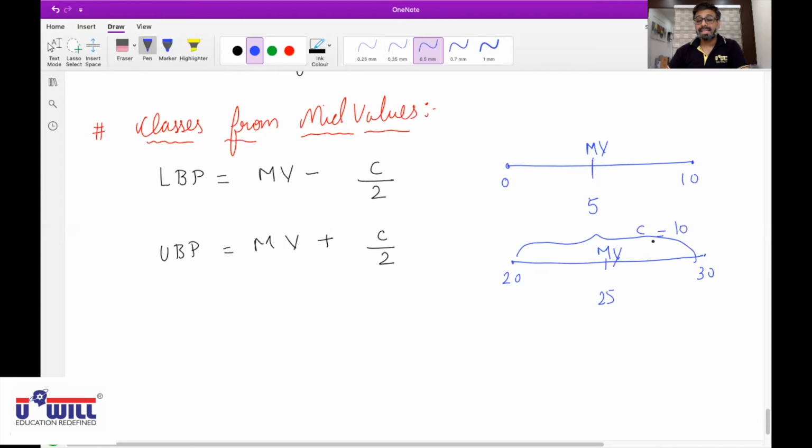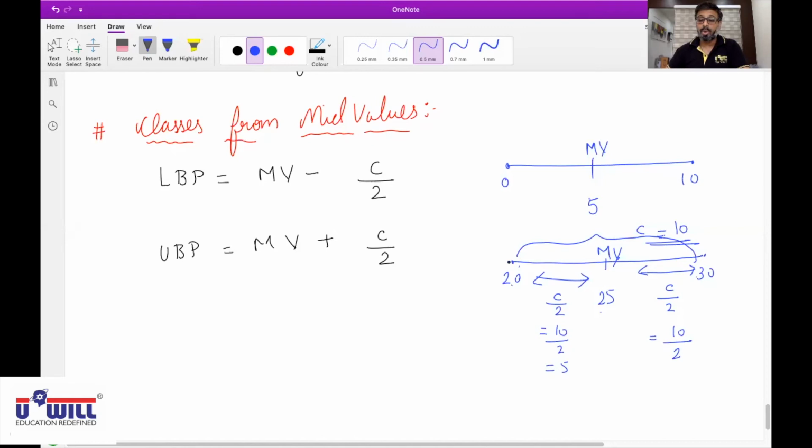Class length is 10. Now, can I say this distance from 20 to 25 mid value is the half of class length, that is 5. And this distance from mid value to upper boundary point is also half of class length, as mid value is exactly in between.